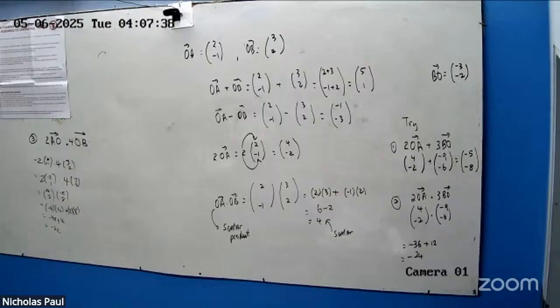A unit vector is one that has a magnitude of 1. Just put: a unit vector has a magnitude of 1.